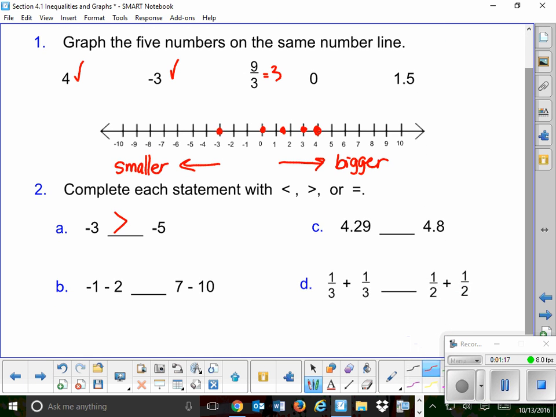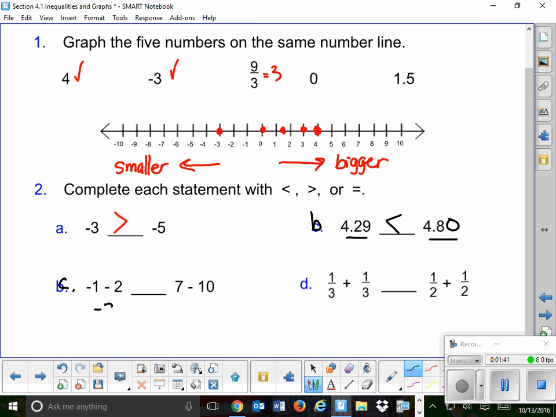The next one you had is B, and I think on your paper B and C were switched. For part B, I try to get 2 decimal places so that they have the same number of decimal places. Here they're both into the hundredths, and I can see that 4.80 is greater than 4.29.